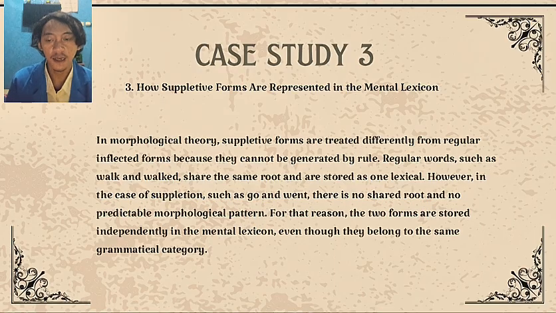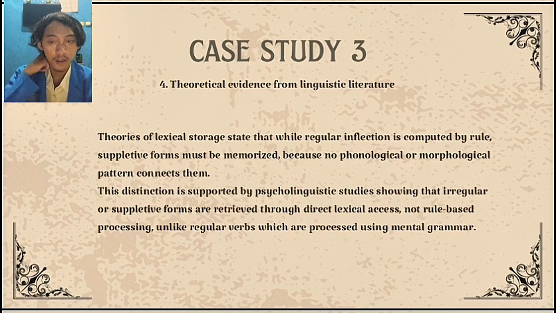In the case of suppletion such as go and went, there is no shared root and no predictable morphological pattern. For this reason, the two forms are stored independently in the mental lexicon, even though they belong to the same grammatical category.